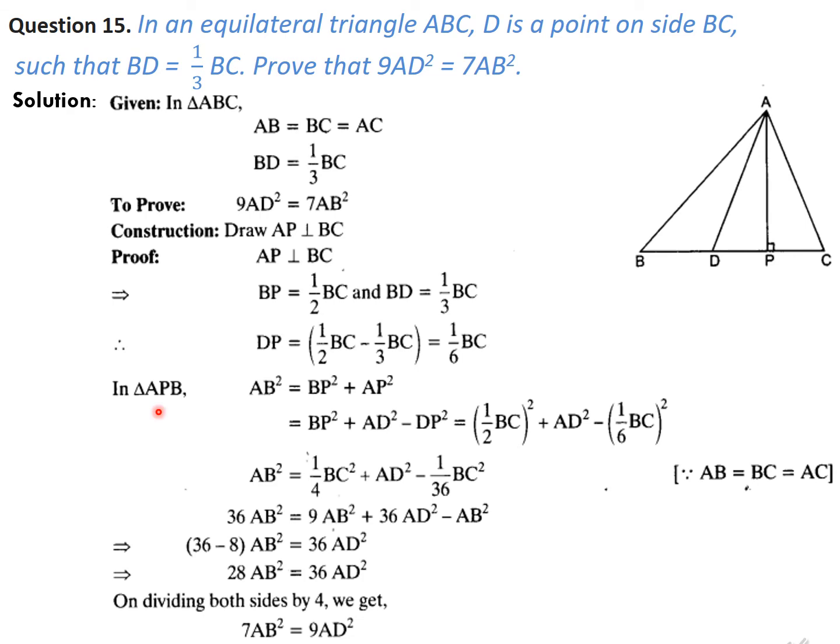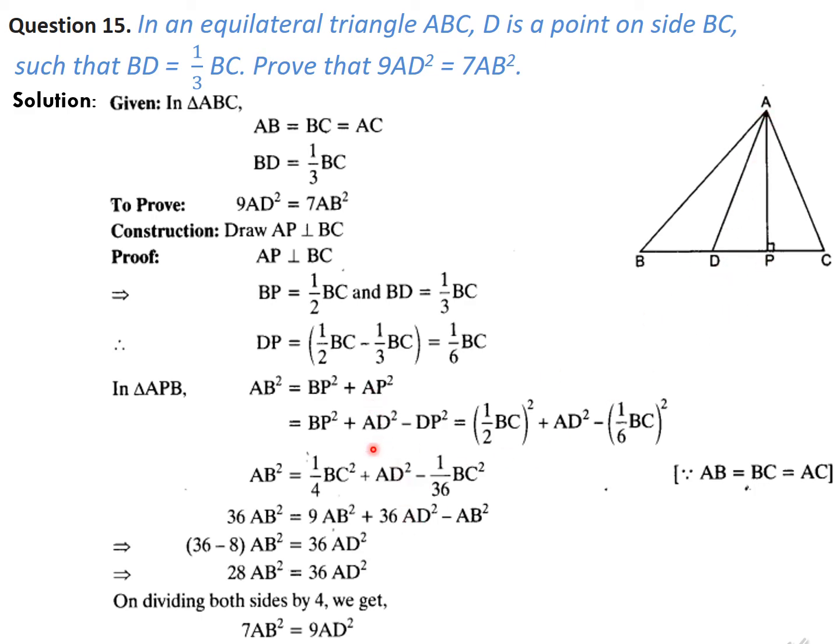Now in triangle ABP, we can see that AB square is equal to BP square plus AP square. Now AP square can be written as AD square minus DP square, using the Pythagoras theorem for the triangle ADP.